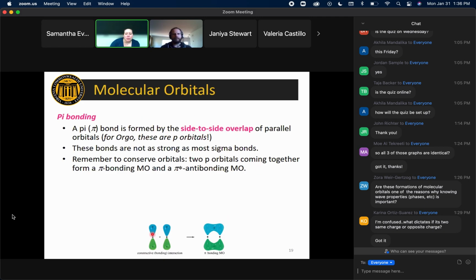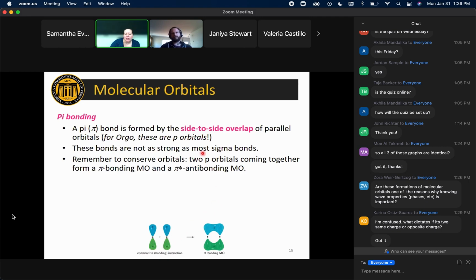And these bonds, when you bring them together, as you can imagine, because their molecular bonding orbital has to have characteristics of their atomic orbitals, the shared electron density is going to end up above and below the internuclear axis. So you can also kind of intuitively, hopefully, see that the overlap is not as direct as with sigma bonding.